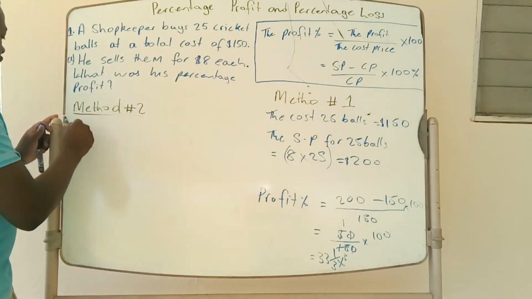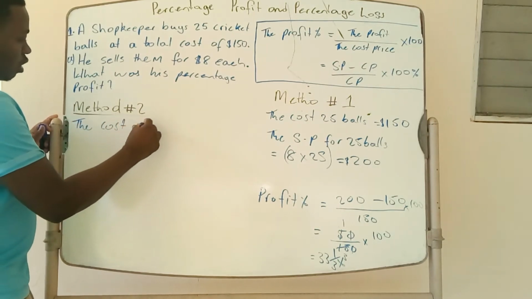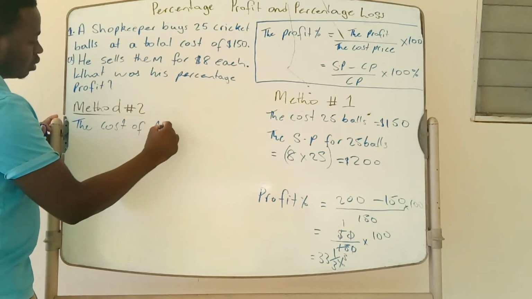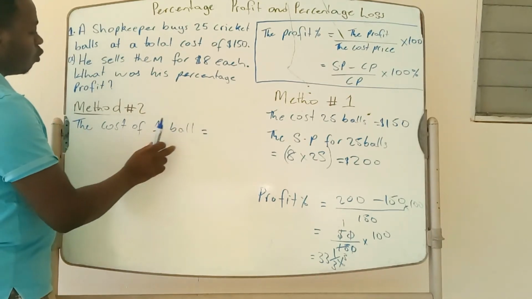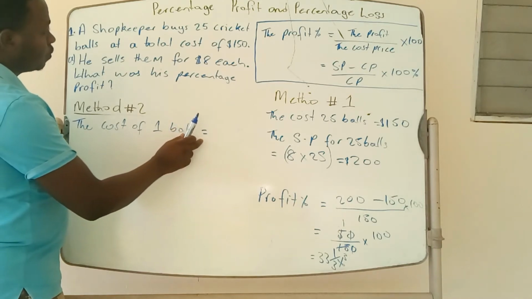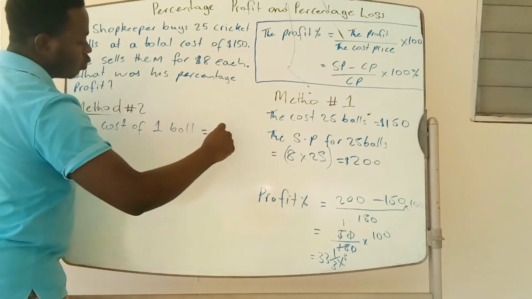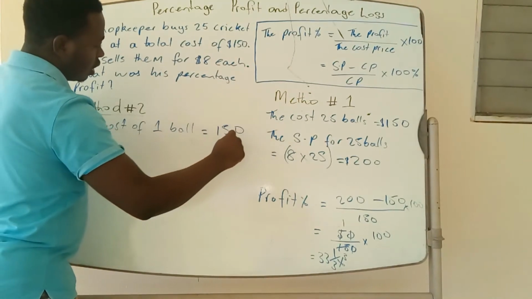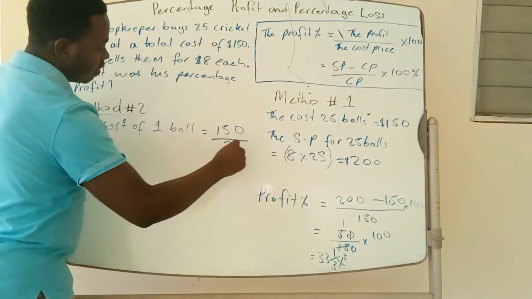So the cost of one ball is going to equal the total amount of money he pays for the 25 balls, which is 150, divided by the total number of balls, which is 25.